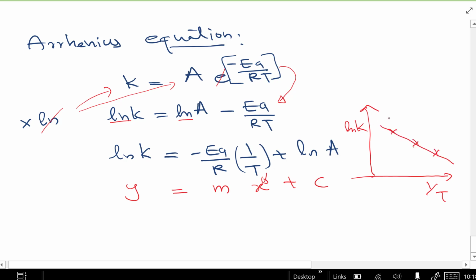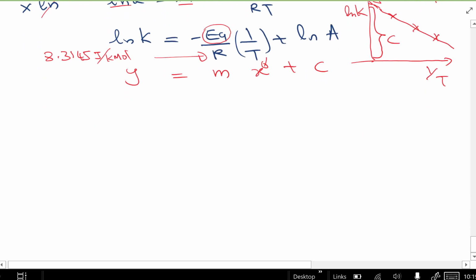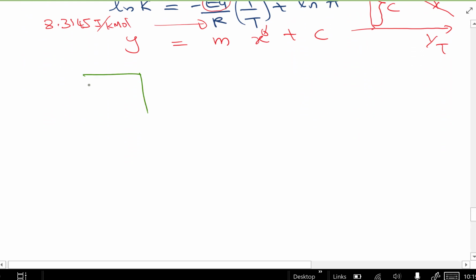So you have a line like that, we can extrapolate and we can get the ln A. ln A is the nature of the reactants. We can calculate Ea, the activation energy, using the slope. And R is normally given as 8.3145 joules per kelvin per mole. So you can just copy R from a data sheet, right?